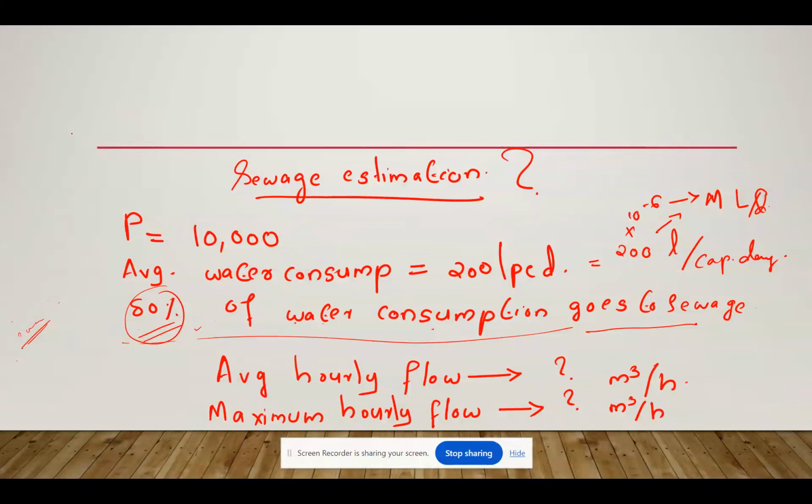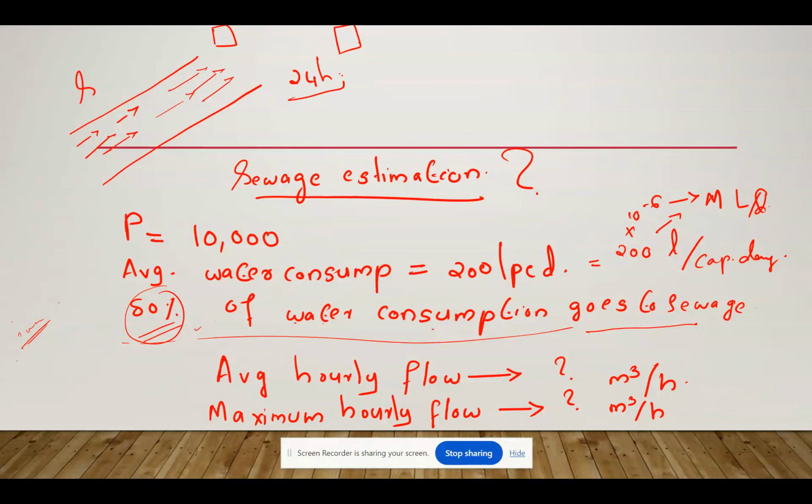And what is meant by maximum hourly flow? This is a sewage system, and here the water flows. You can assume a city, and when you analyze the diurnal variation, that is when you take 24 hours, the flow of water will vary over the 24 hours. So 24 hours means one day.